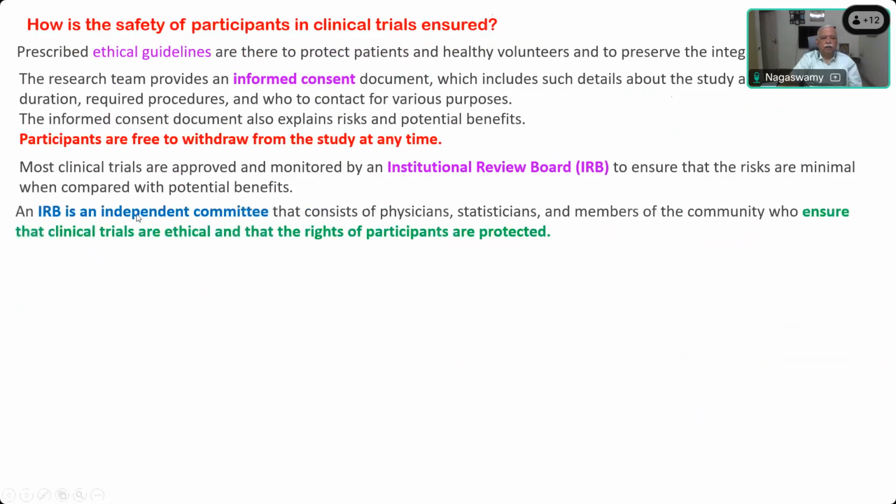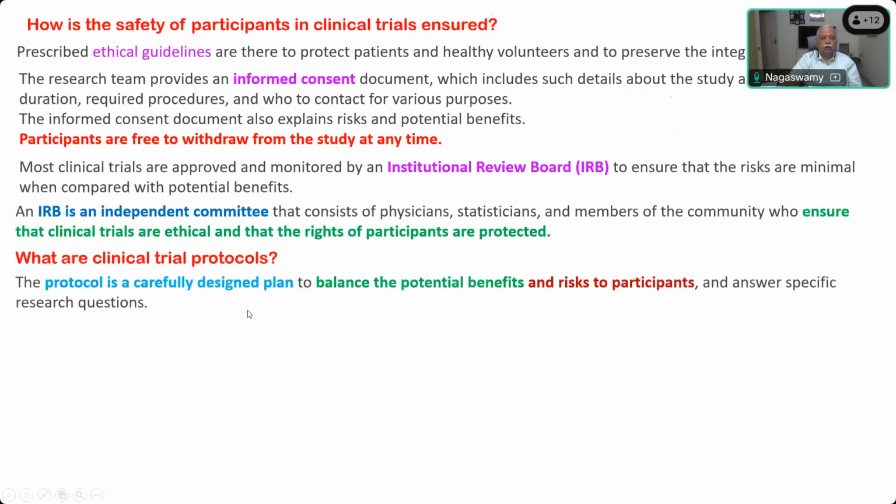And IRB is an independent committee that consists of physicians, statisticians, members of the community to ensure that clinical trials are ethical and that the rights of participants are protected. So first step is informed consent. Second step is approval by institutional review board, and the protocols that are to be designed balance the potential benefits and the risk to the patient.